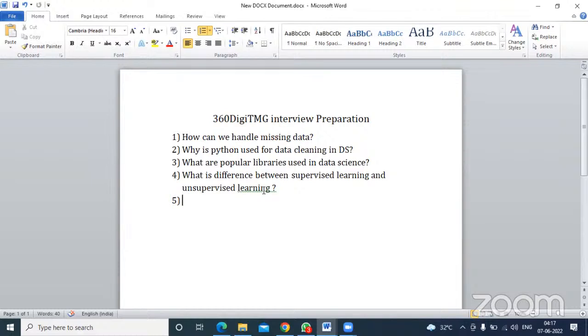Supervised learning is used to predict the output, while in unsupervised we can't predict the output. It contains no mapping from input to output, so it is unlabeled data. That is unsupervised learning.